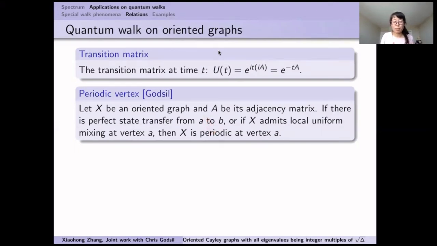Perfect state transfer implies periodicity. And local uniform mixing is harder to study than perfect state transfer and periodicity.